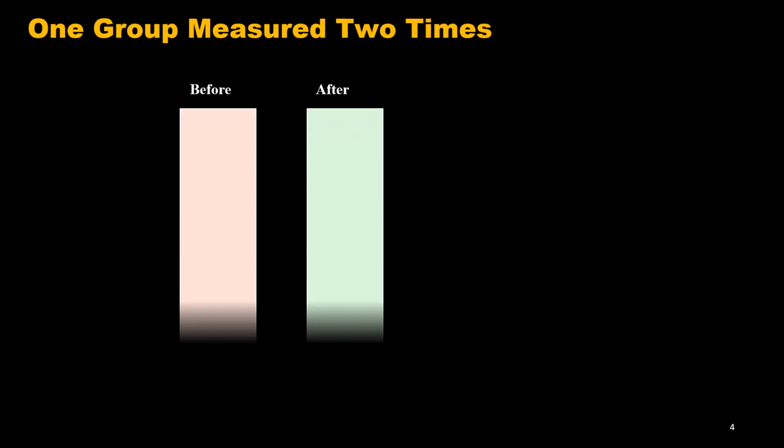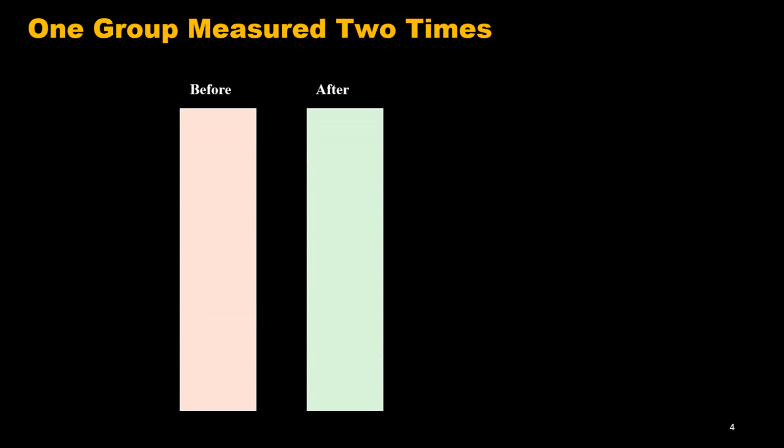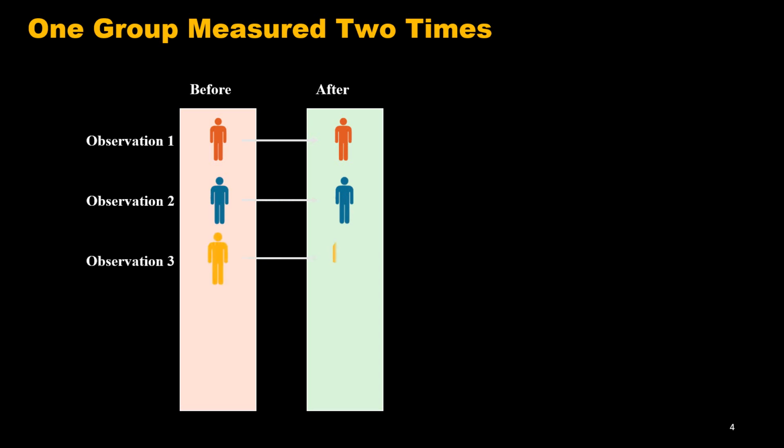Now, let me give you a summary. We discussed we have 2 sets of data, before and after, from the same sample. Here we take the first observation before and after from the first individual, and second individual before and after. Similarly, you can continue.